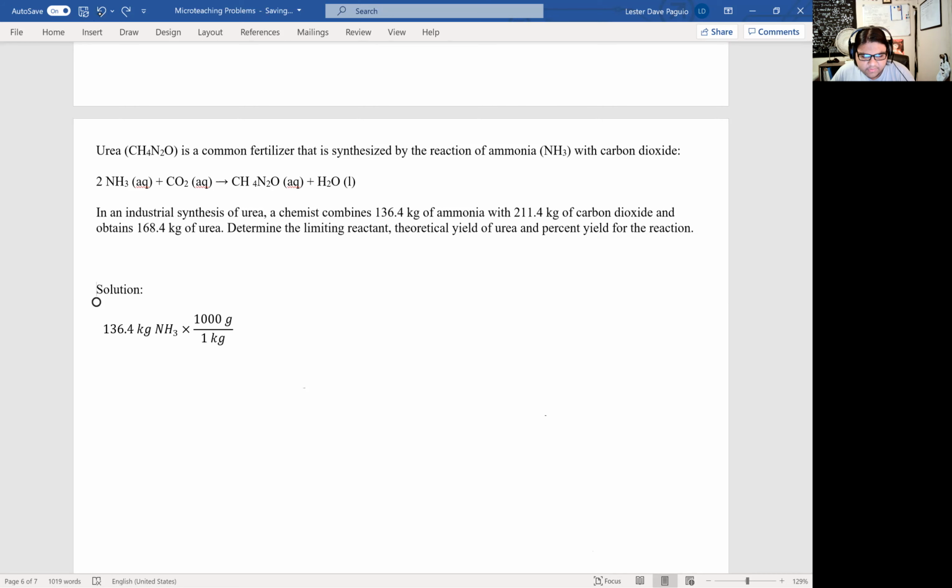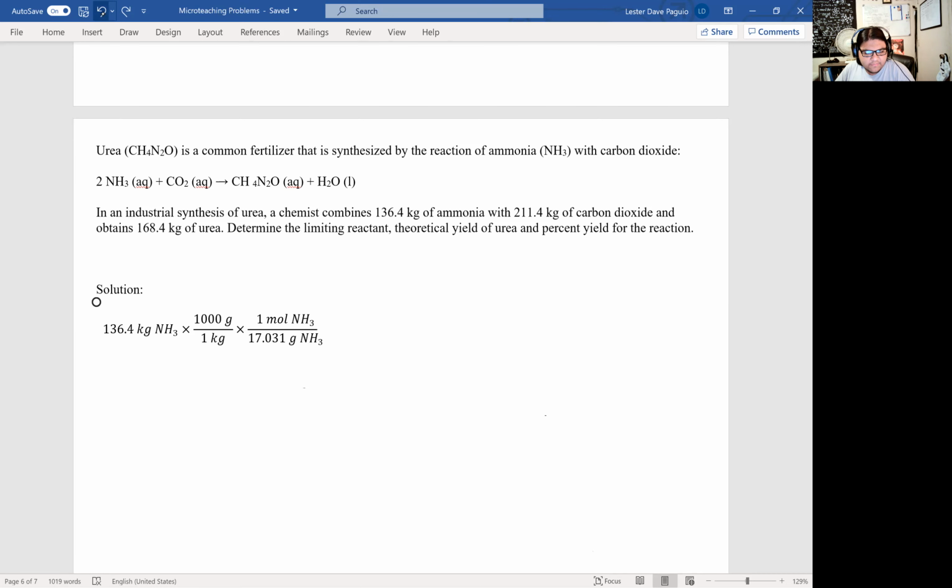So we have grams of ammonia in this case, but we would need to convert from grams of ammonia to moles of ammonia. The ratio of that is, for 1 mole of ammonia, we would have 17.031 grams of ammonia. Now the 17.031 grams represents the molecular weight of ammonia, found by adding the atomic mass of each element and the corresponding number of the elements.